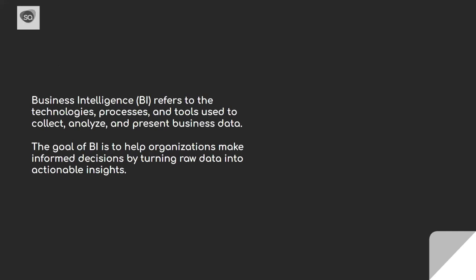So business intelligence refers to technologies. There are different technologies that you can use, processes that are involved in business intelligence, and tools that you use to collect, analyze, and present business data. Business intelligence is very focused on business data, and the goal of business intelligence is to help businesses make decisions with their data, right?